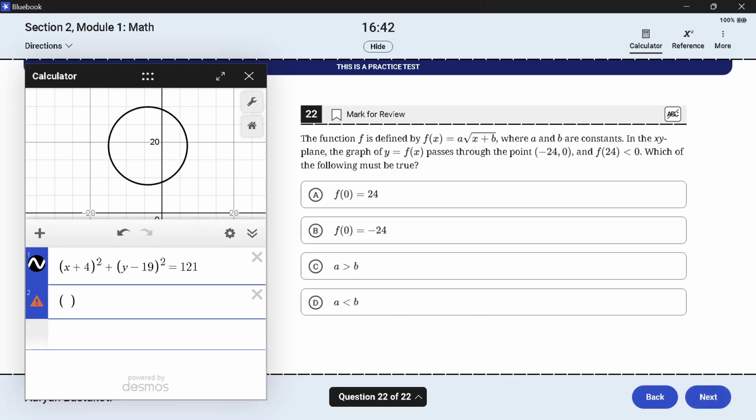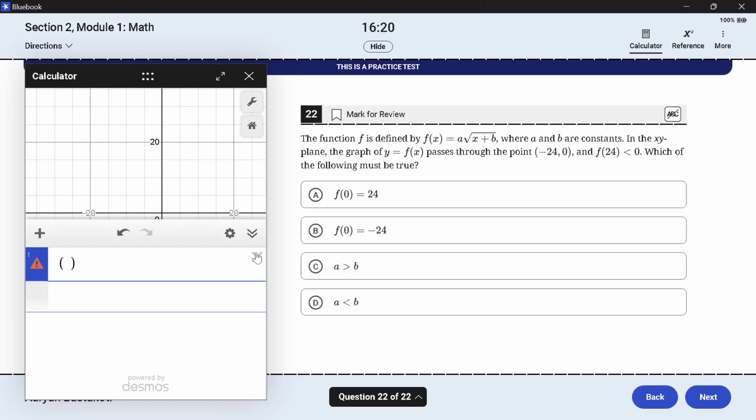The function f is defined by f of x equals a root x plus b, where a and b are constants. In the xy plane, the graph of y equals f of x passes through the point minus 24 comma 0, and f of 24 is less than 0. Which of the following must be true? The function f of x is this, where a and b are constants.